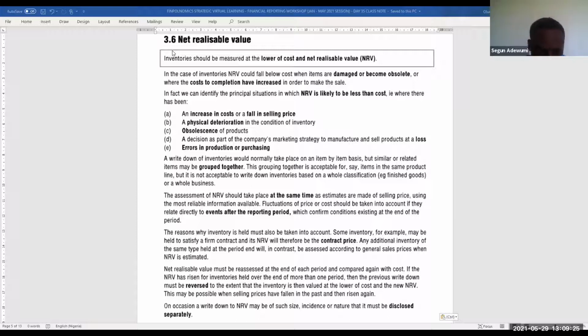If the NRV has risen for inventories held over the end of more than one period, then the previous write-down must be reversed to the extent that the inventory is then valued at the lower of cost and the new NRV. This may be possible when selling prices have fallen in the past and then risen again. On occasion, a write-down to NRV may be of such size, incidence, or nature that it must be disclosed separately.